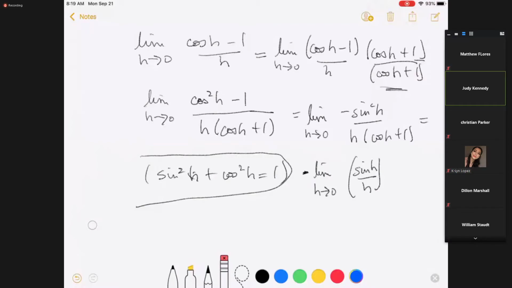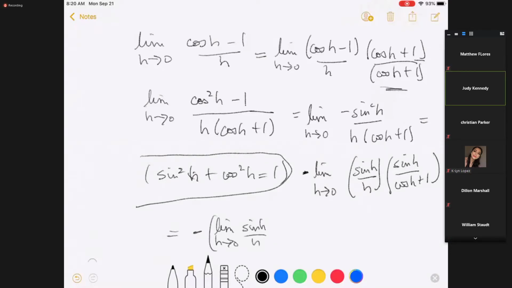And then I have another sine h over cosine h plus 1. Now, the limit laws say I can break that into the product of two limits. The limit laws behave nicely relative to products, more than the differentiation laws do.